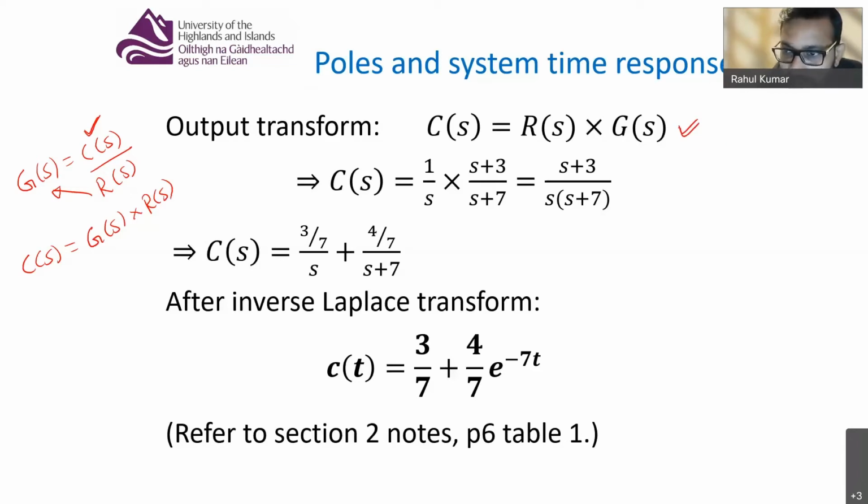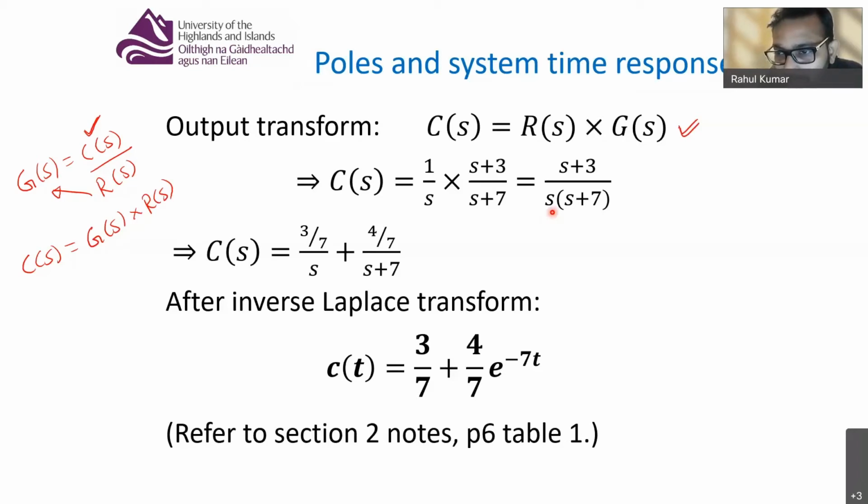We know the transfer function, we know the input which we are applying, so we have multiplied them. Upon a simple multiplication, we end up getting s plus 3 divided by, in the denominator, s multiplied by s plus 7.